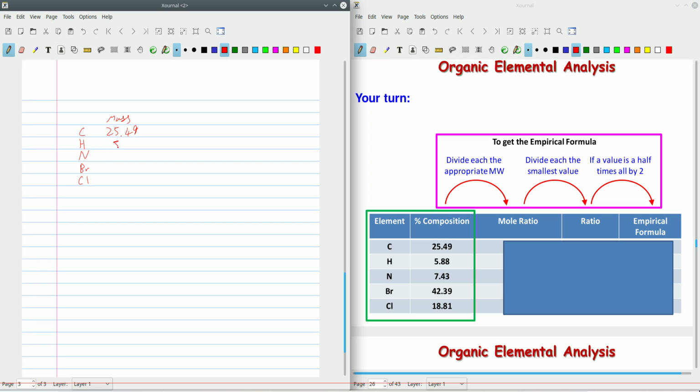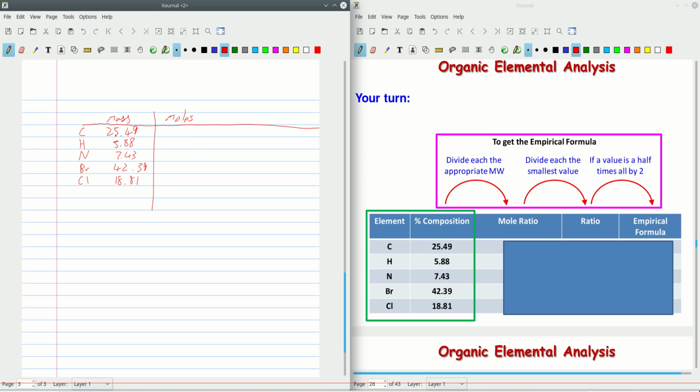The masses are 25.49, 5.88, 7.43, 42.39 and 18.81. Next one would be moles.